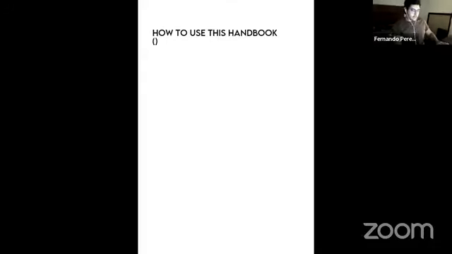Okay, so let's talk about how to use this handbook. Okay, most importantly, sentence formation.